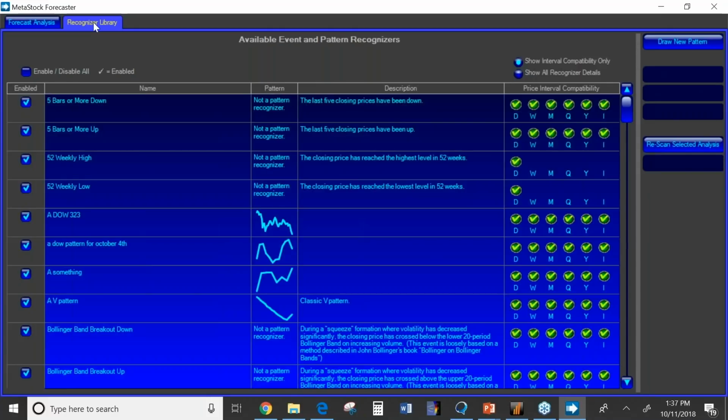You go through a big list of securities, and MetaStock does this really well, and identify how much money you would have made if you bought when something happens and sold when something else happens. The forecaster is a little bit different.